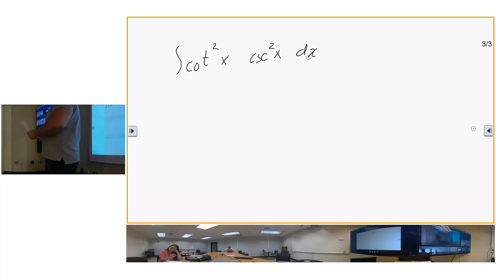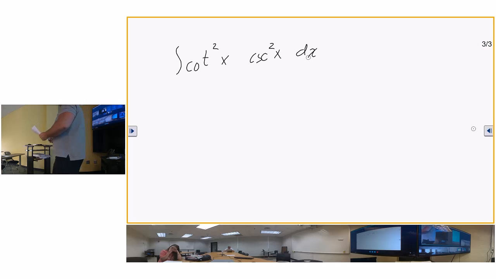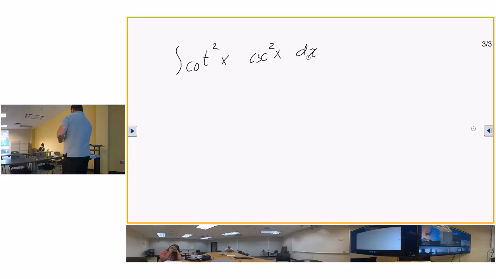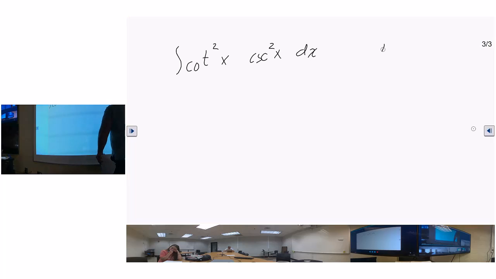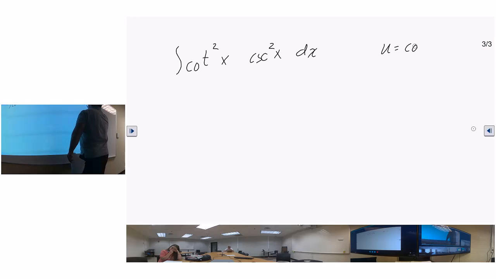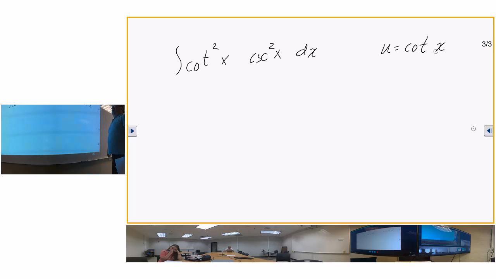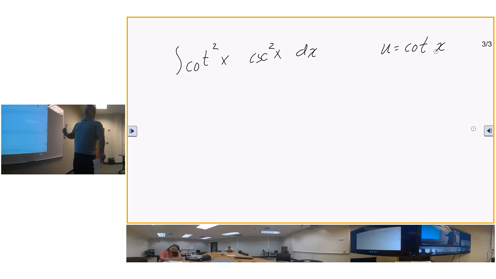Now, it's really the lesser of two evils, but I would make u equal to the cotangent of x. Okay? And this is where you need to know your derivatives. U is equal to the cotangent of x. You need to make a note here. You need to know your derivatives on this one, because what is the derivative of the cotangent of x?